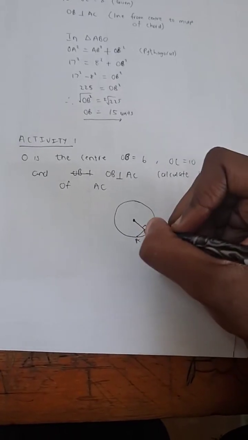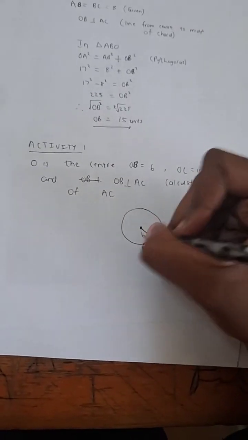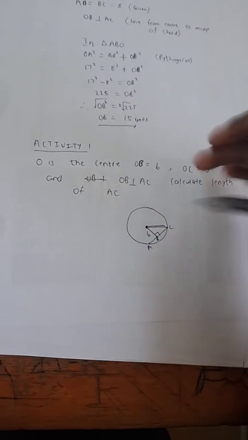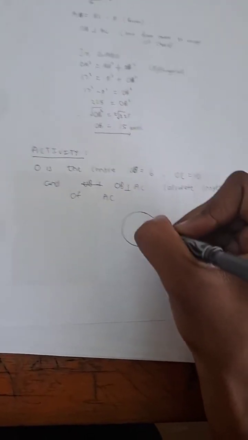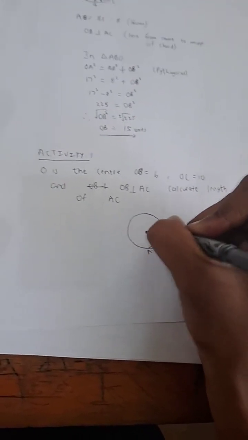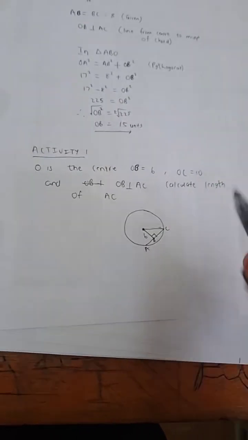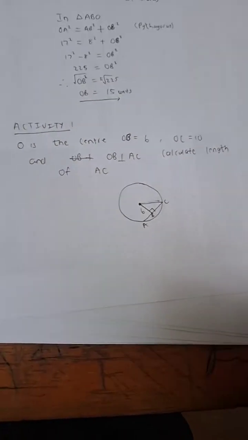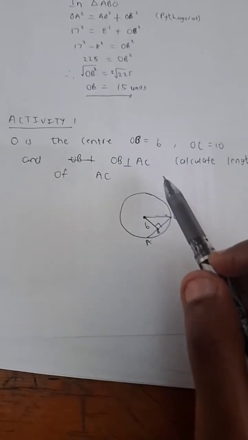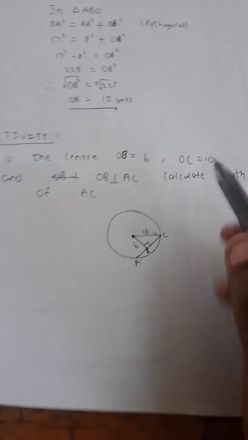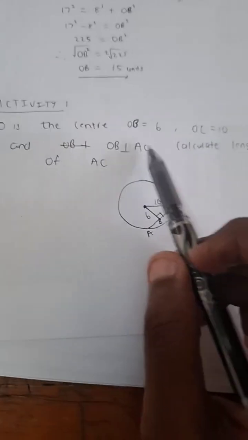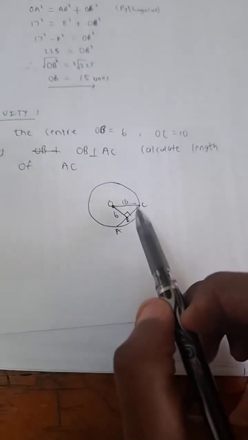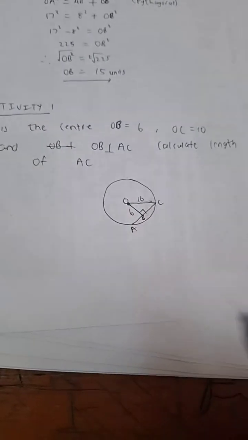We've got A, we've got B, we've got C. This is 6. So O is the center, OB is equal to 6, OC is equal to 10, and OB is perpendicular to AC. Calculate the length of AC.